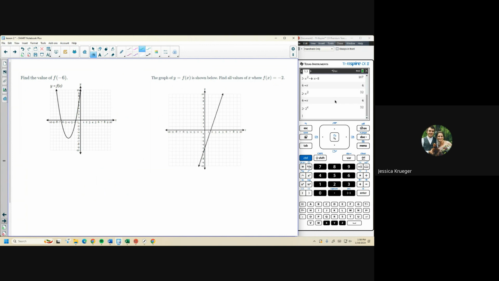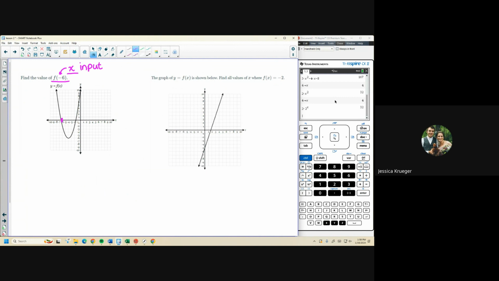Okay, last type of problem. I wanted to compare and contrast these two. You can see a graph, and depending on what they ask you, they might be looking for the input or the output. So the first problem says find f of -6. If it's inside the parentheses, that is your input or your x value. So x is -6 right here.